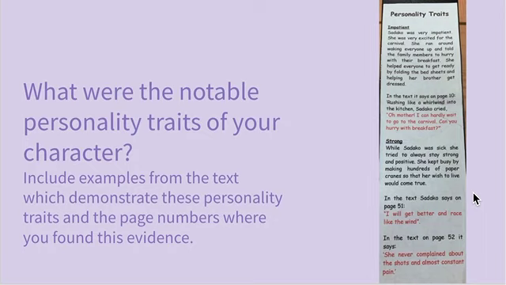And in the text on page 52, it says, "she never complained about the shots and almost constant pain." So you can clearly see the evidence once again. You can clearly see that I have read the text and that I'm not just making it up, because I have evidence and also the pages that I'm getting that evidence from.